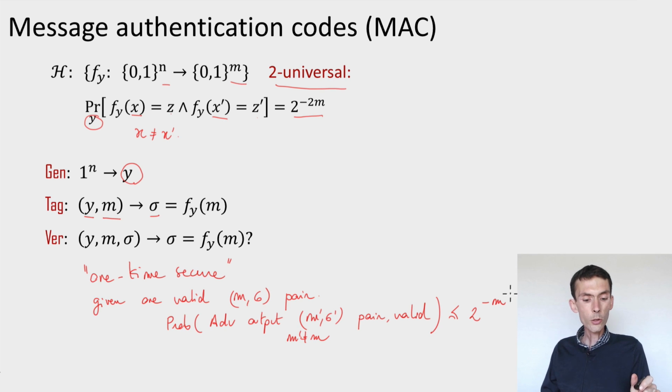Now we've seen constructions of two-universal families of hash functions, and we've seen that the size of such families is typically 2 to the 2n, where n is the size of the input, which means that to choose one random function from that family, you had to choose this a and b, the coefficients of the hash function, as an affine function. So you need 2n bits, which means that using this MAC, you need 2n bits of private key in order to authenticate n bits of message.